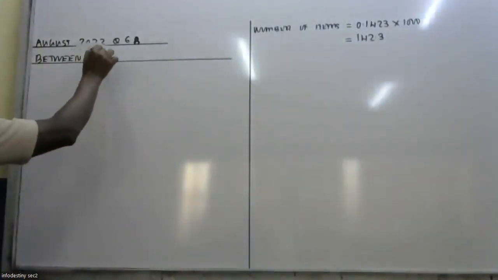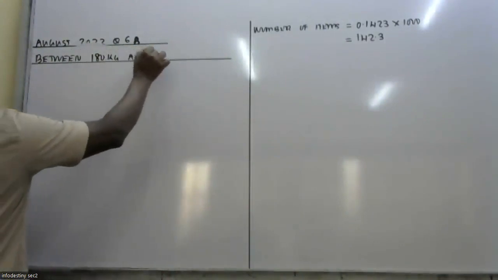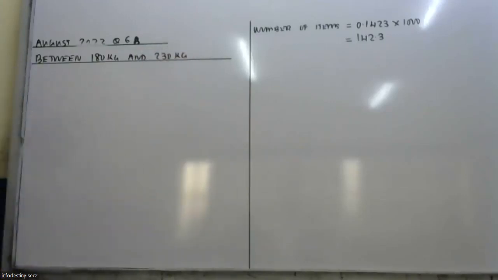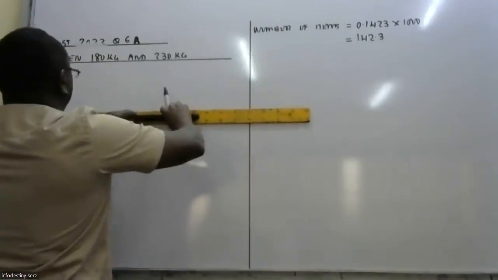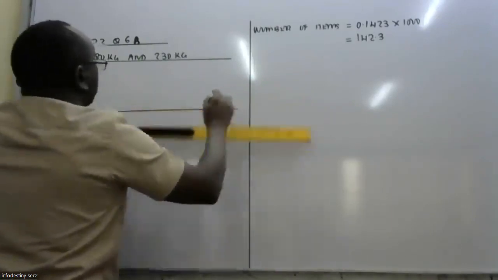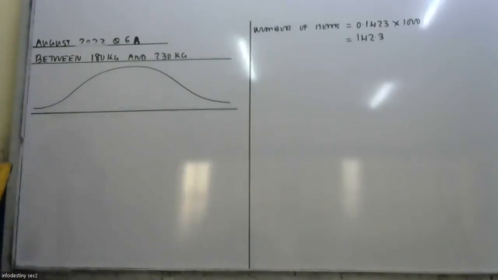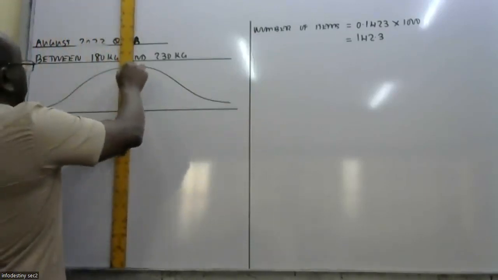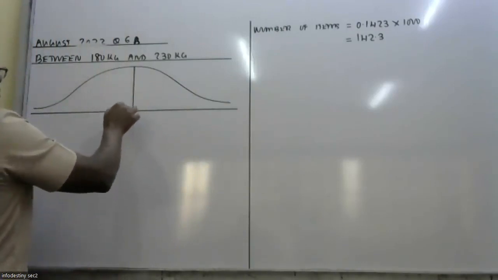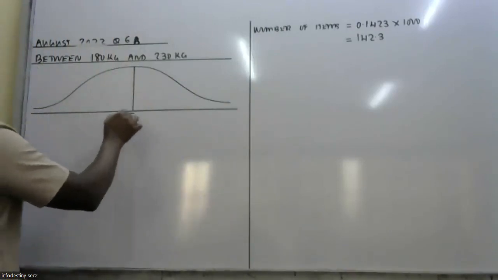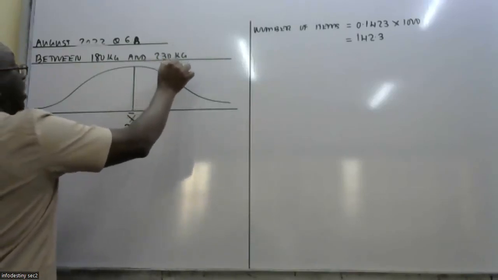So as usual, we draw a small table. This is 200. Standard deviation is 22.